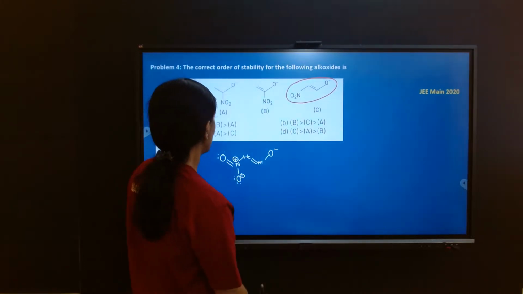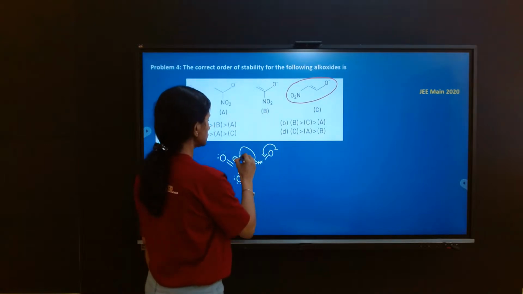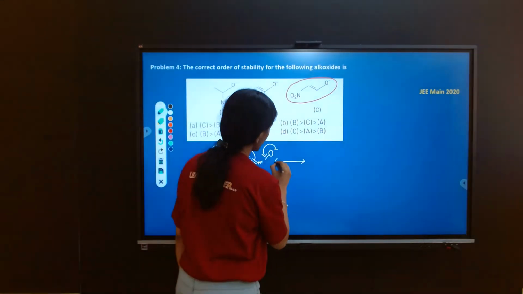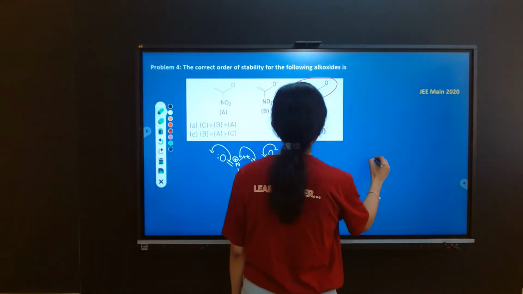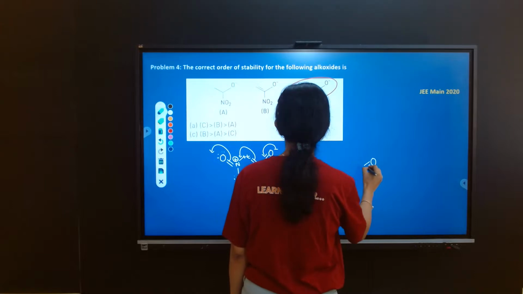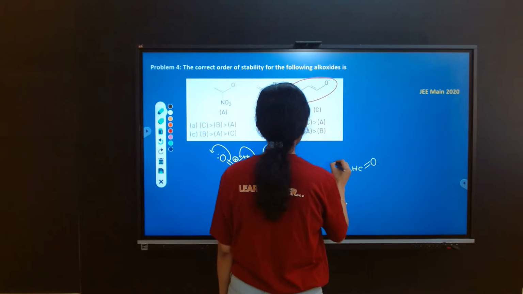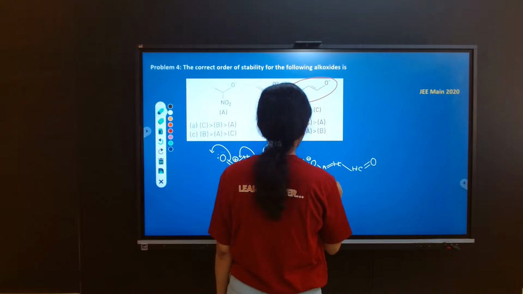Right? Now, if you consider the following mechanism, you will have another resonating structure. So this will generate O double bond CH single bond CH double bond N O minus, N plus.